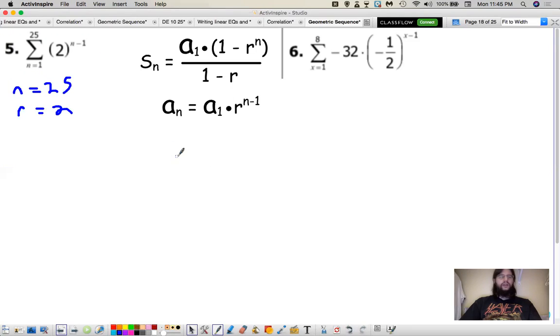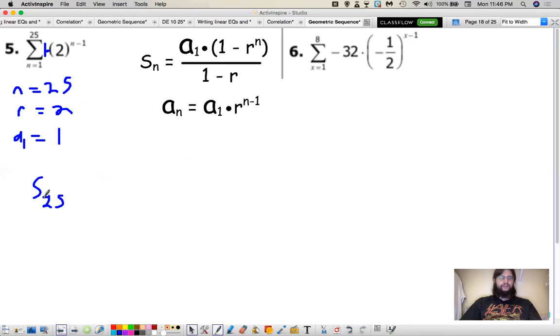Now A1, go ahead and plug in 1 into here, you get 2 to the 0 power, which is 1. But you would have known that if you just looked right here, it's the coefficient. So it's that number right there. A1 is 1. Plug it in.